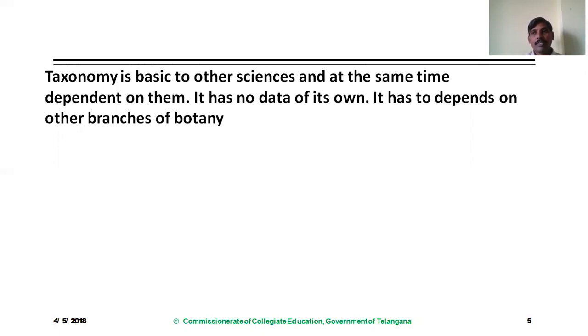The characteristics are provided by different branches of botany. Then only does taxonomy have an independent, autonomous existence.